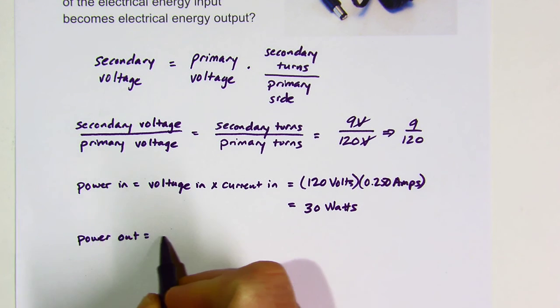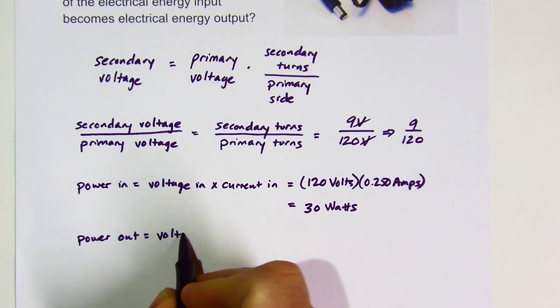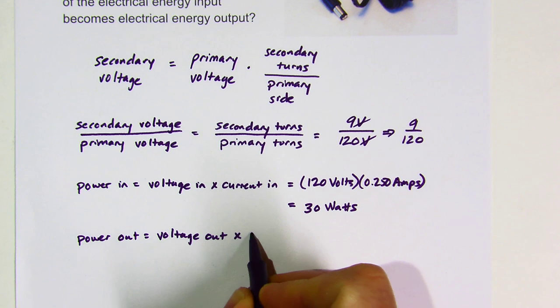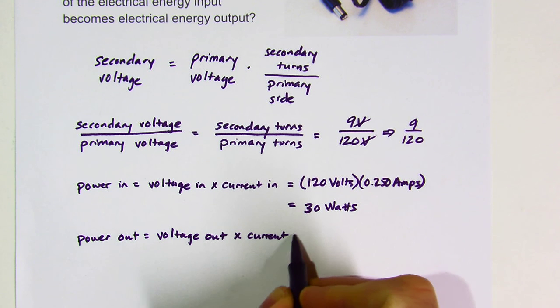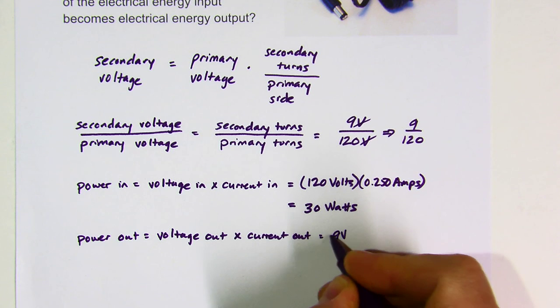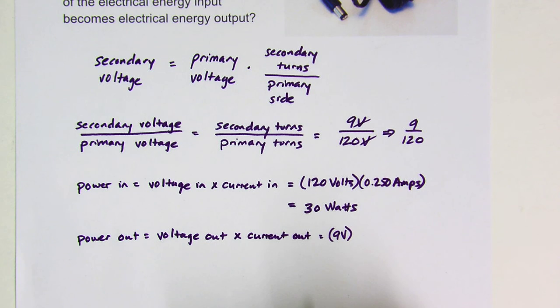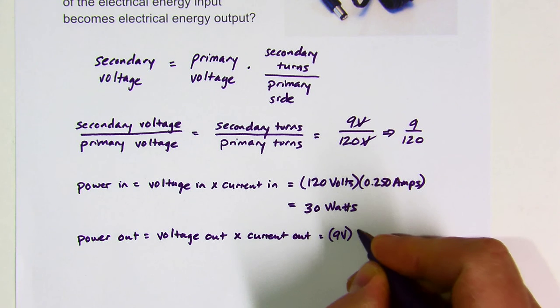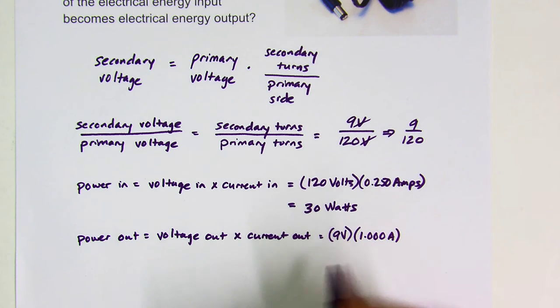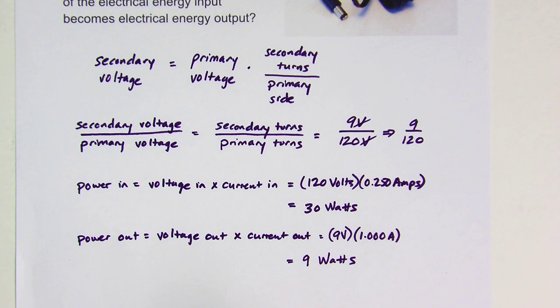How much power out do we have here? Well, similarly, power out is going to be voltage out times current out, and we get 9 volts out of this device, and the current that it delivers is 1000 milliamps, and that's 1 amp. 9 times 1 gives me 9 watts.